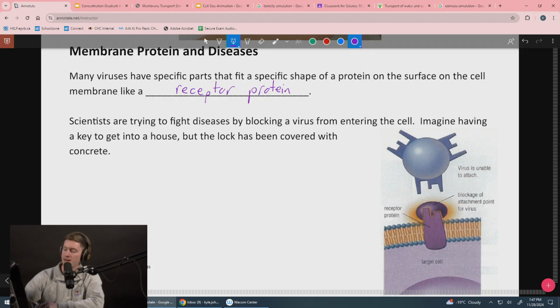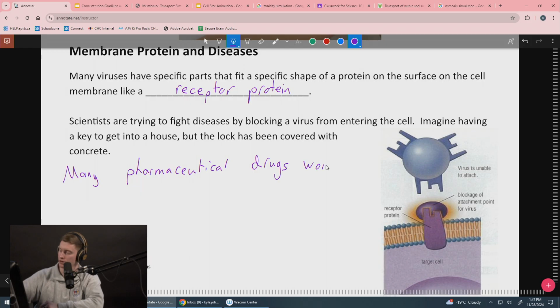Similarly, many pharmaceutical drugs work by binding to membrane proteins.